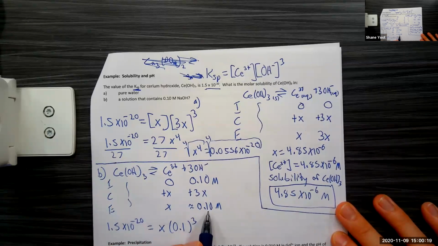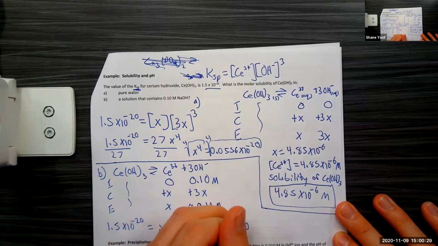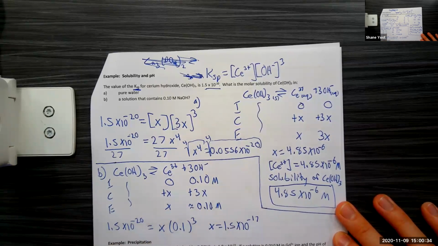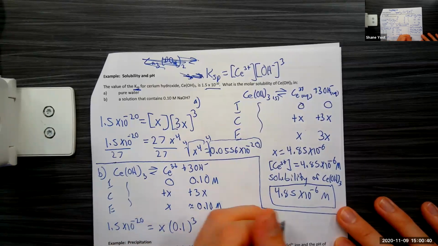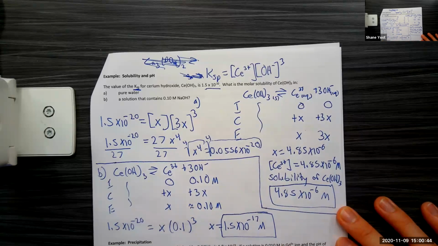The concentration of OH minus is 0.1, the concentration of cesium is X. So in this case, X equals 1.5 times 10 to the minus 17 molar, which is the molar solubility of cesium hydroxide.